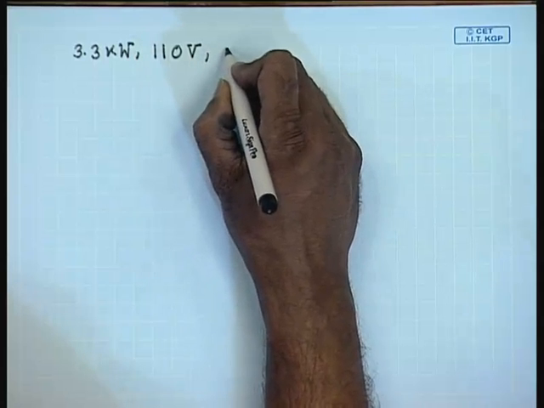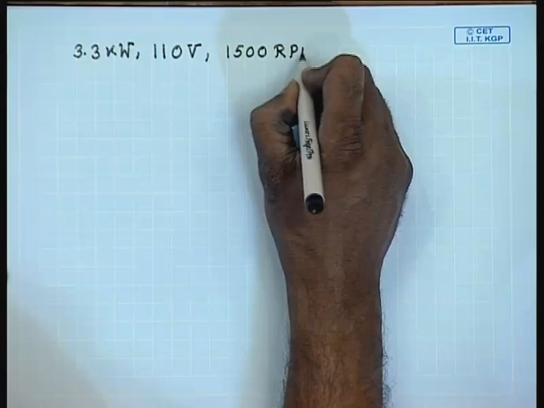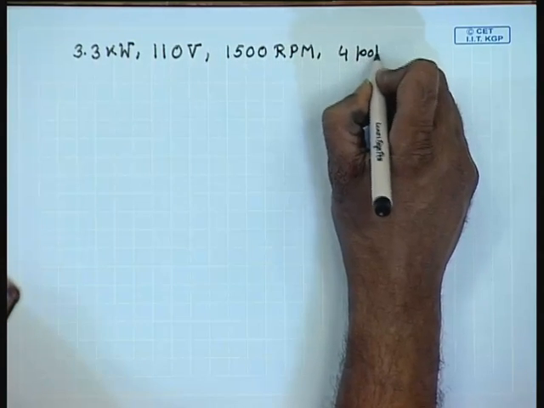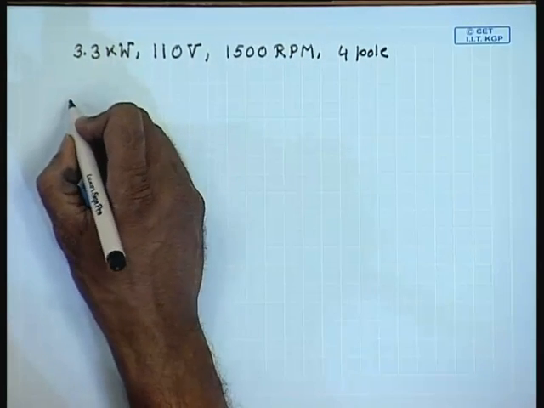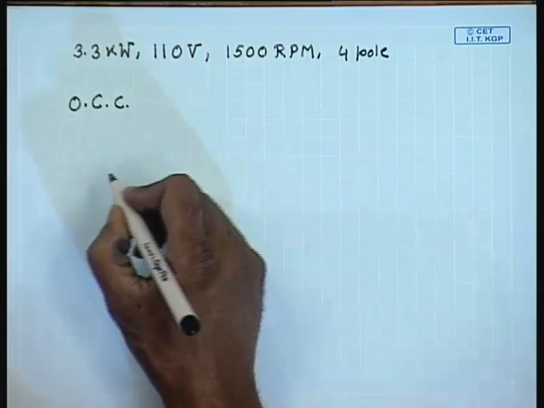Rated rotational speed is 1500 rpm, 4 pole. The O.C.C of this generator is given by the following data.